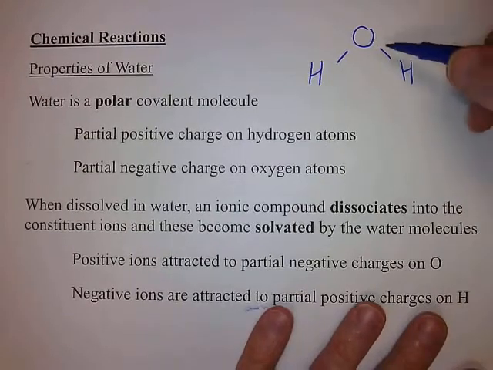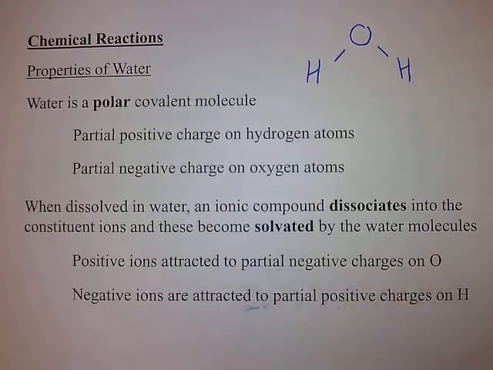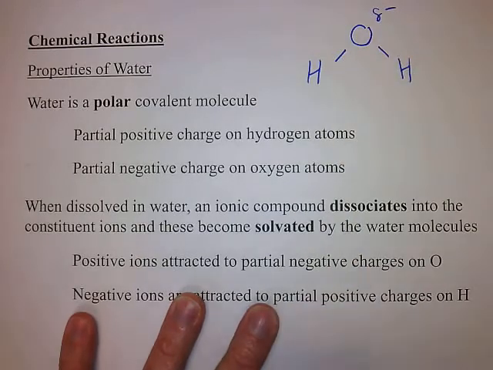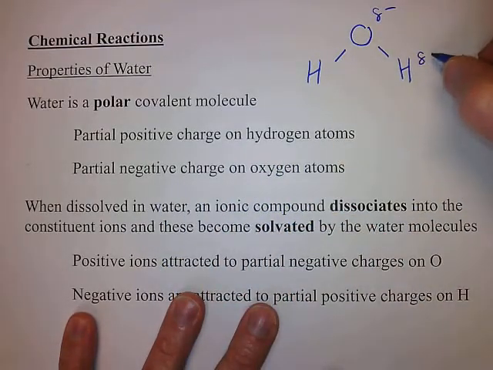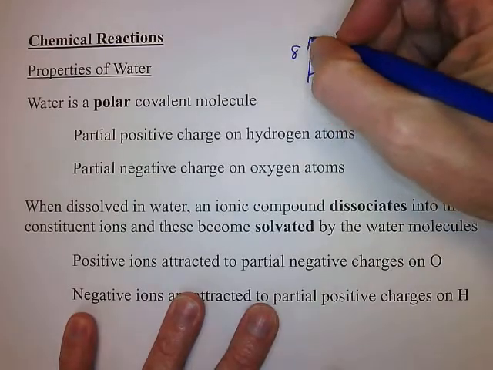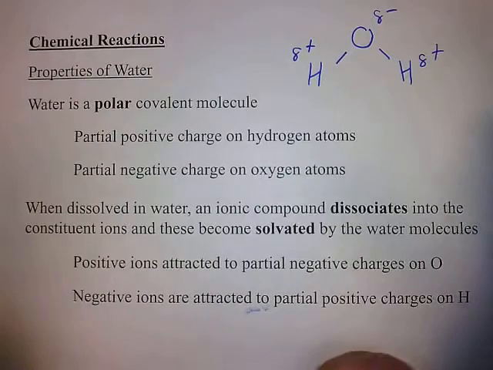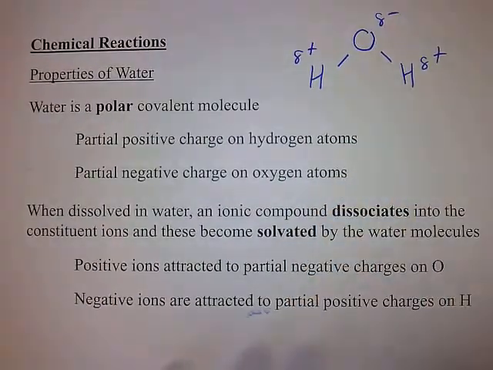They spend more time with the oxygen than they do with the hydrogen, and so you wind up with a partial negative charge on the oxygen atom and partial positive charges on the hydrogens. Not full-blown charges like you see in ionic compounds, but partial charges.